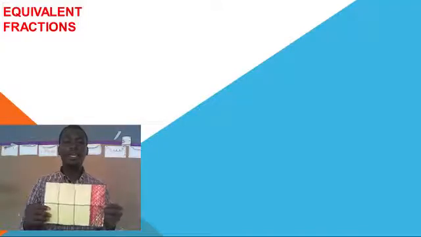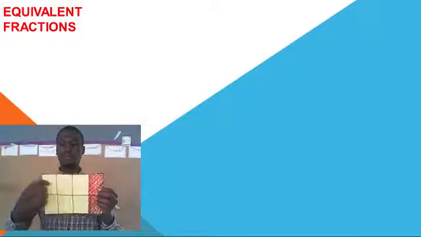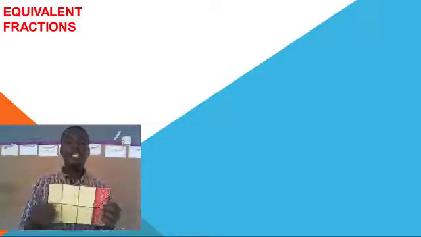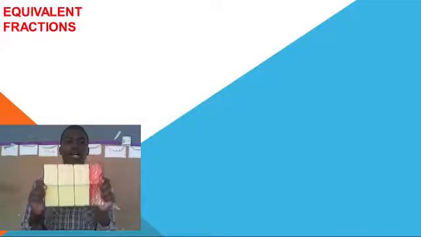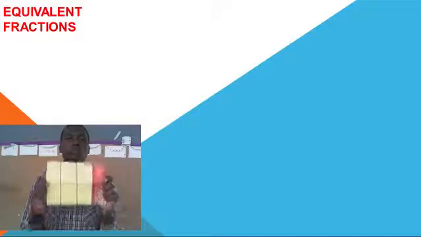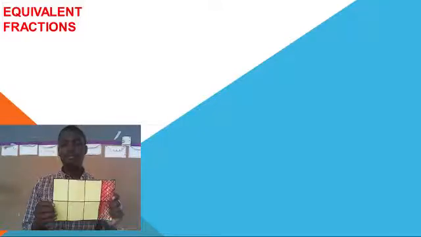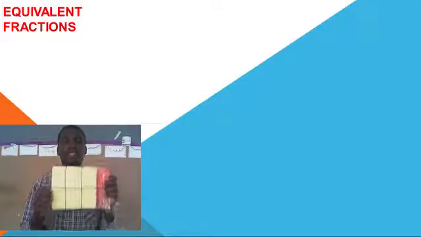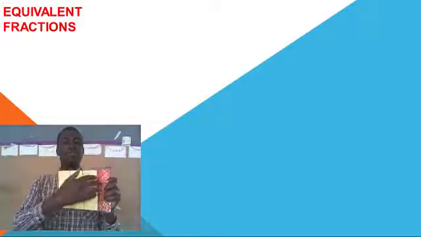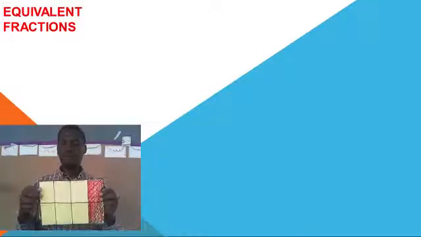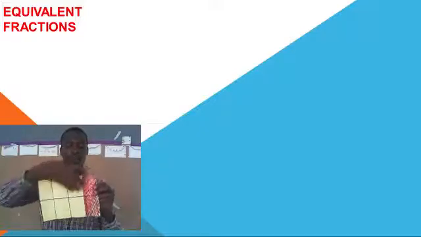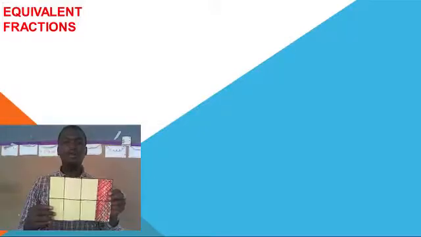If I take this one as 1 out of 4, and I've counted the smaller ones, 1 to 8, in terms of the next fraction which has the same value as a quarter, which parts are shaded?